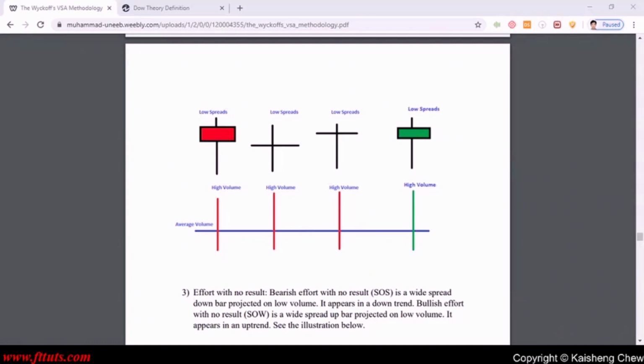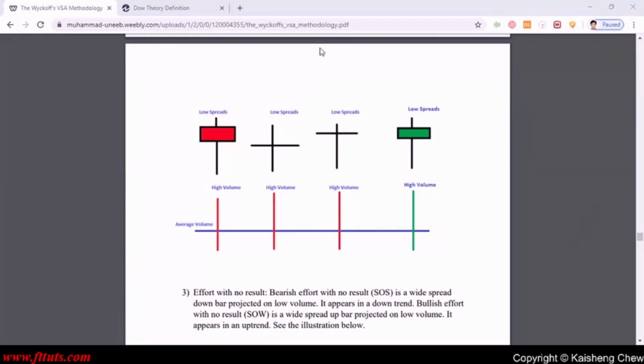To simplify the volume analysis, have a look at this picture. There's normal and abnormal. Talking about normal first, in the previous video we talked about when the price goes up, the volume should go up. This is the normal condition.